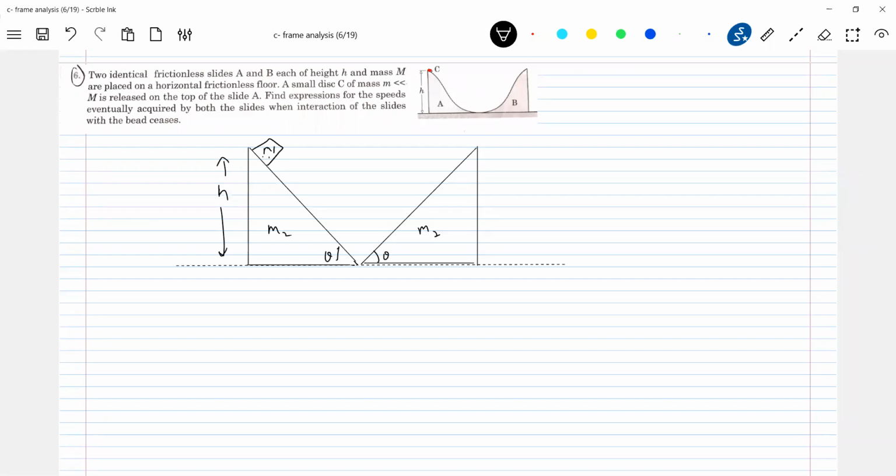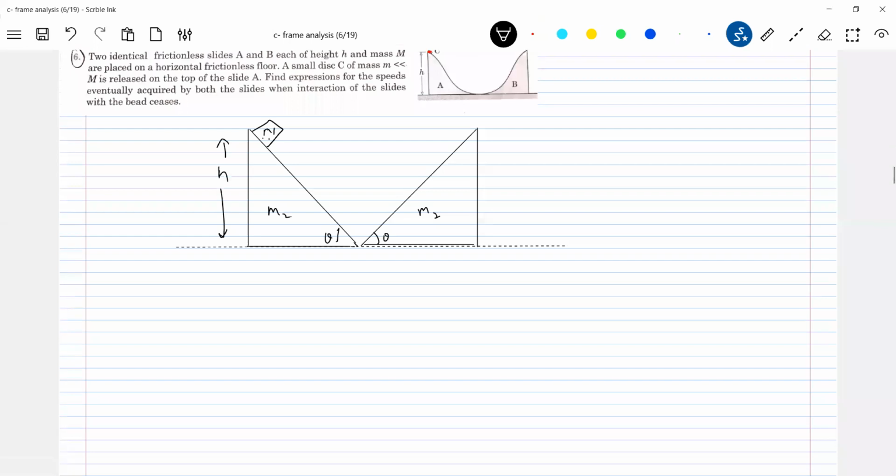In what direction will M2 move? M2 should move towards left. It'll start moving towards it.